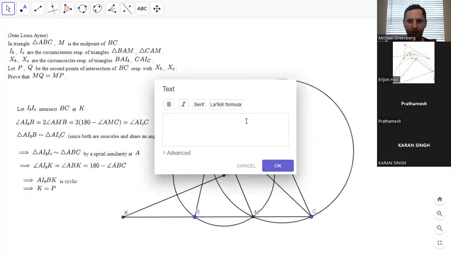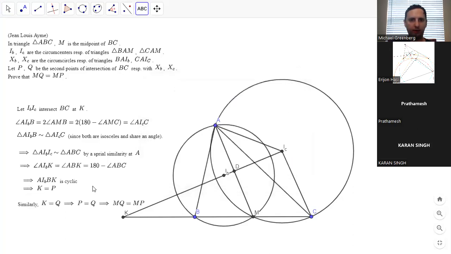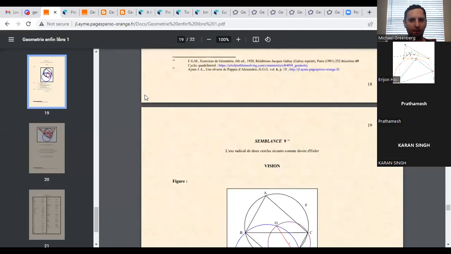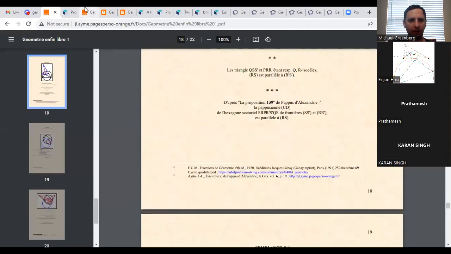Oh, sorry. Yeah, I don't think we use that M as the midpoint. So let me go back. So P is equal to Q, and so MQ is equal to MP. And that solves it. I didn't think the problem was like this though. Let me go on Jean-Louis's website and check it out.